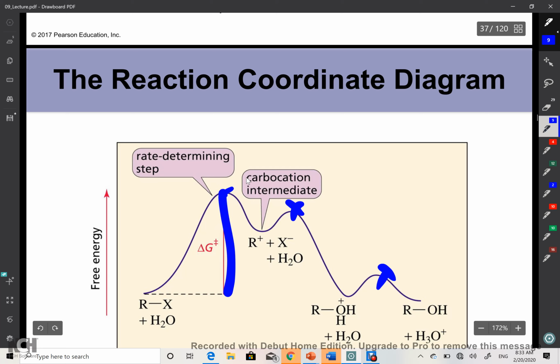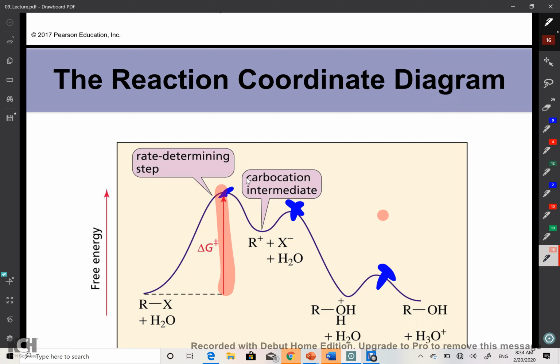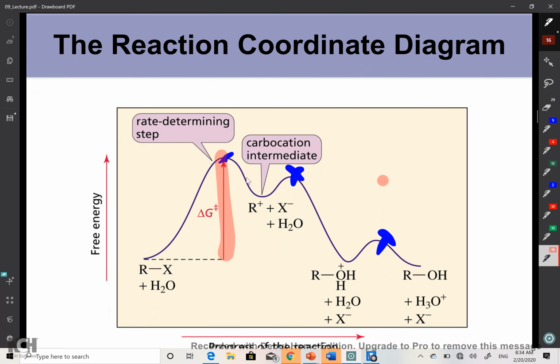You see the activation energy is high. That's why it's called the rate determining step. Then the other steps will progressively have lower activation energies. Does that make sense? You should be able to sketch this kind of diagram. I expect you to be able to sketch that.